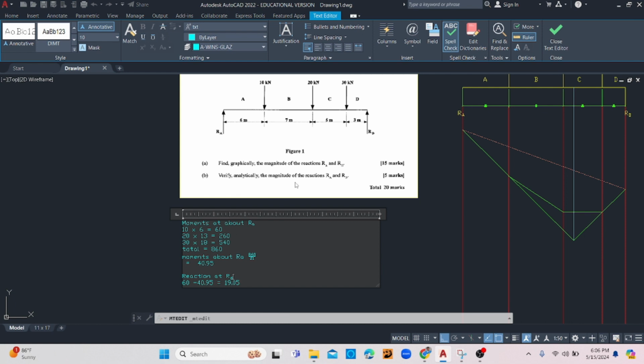Yes, sir, that makes sense too. You showed us a different way earlier in the school year, and I watched a YouTube video preparing for the last work you gave us, and the sum of the right side and the left side should be equal to the total force acting down, which is the 60.